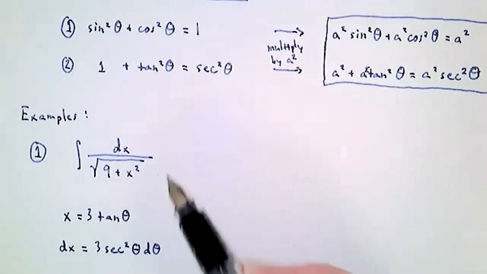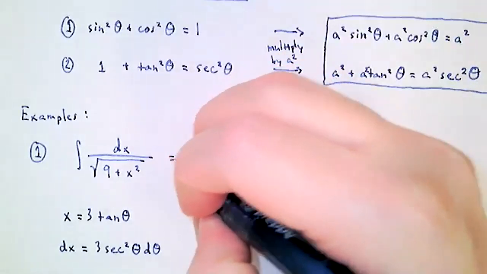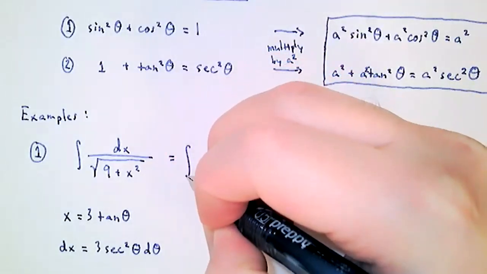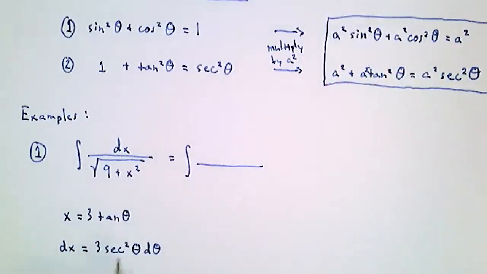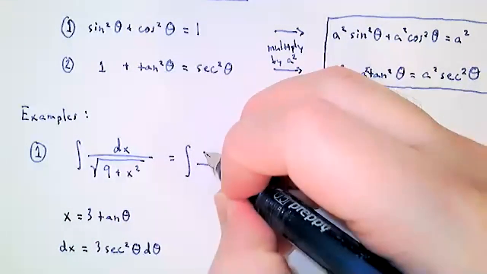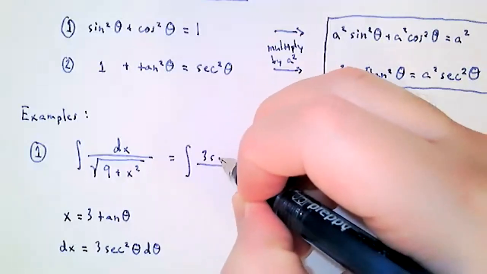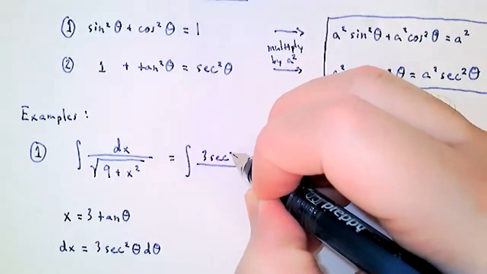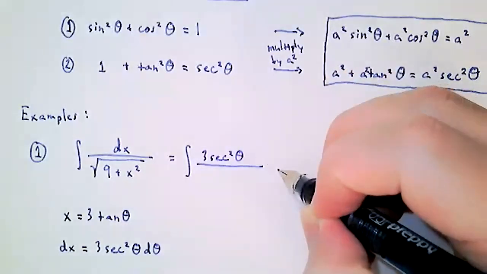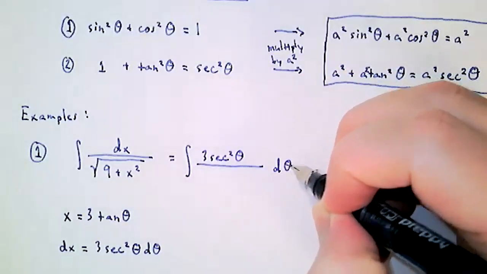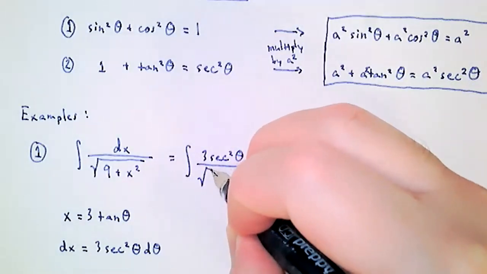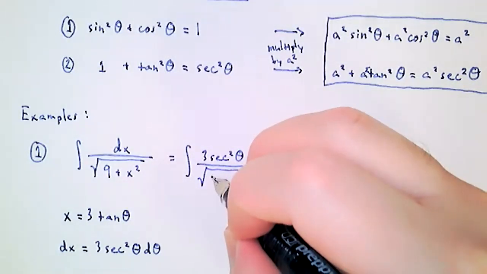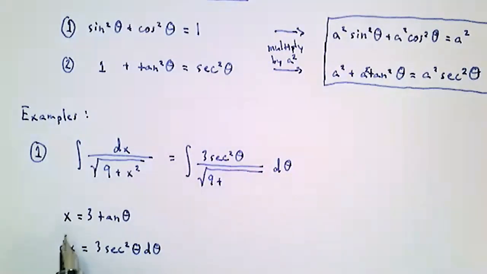So let's substitute in and see how this actually worked out. So dx becomes this, the 3 secant squared. And underneath my square root, I'll now have a 9 plus x squared.